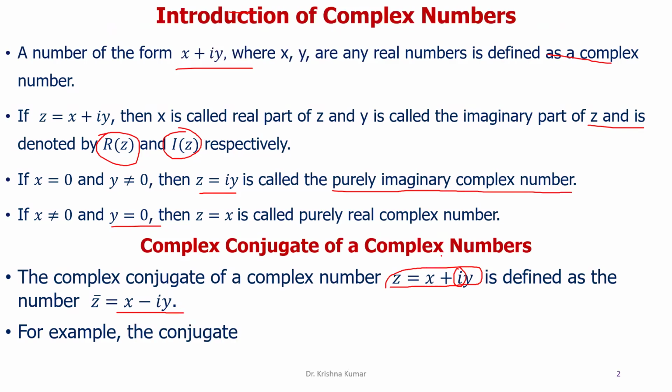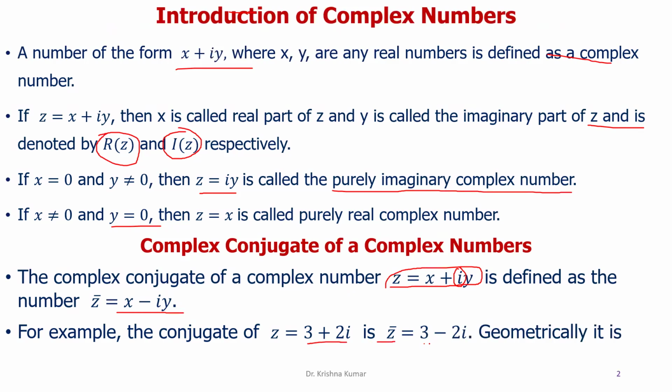For example, the conjugate of z equal to 3 plus 2i is z bar equal to 3 minus 2i. Geometrically, it is the reflection of the point z in the x-axis.